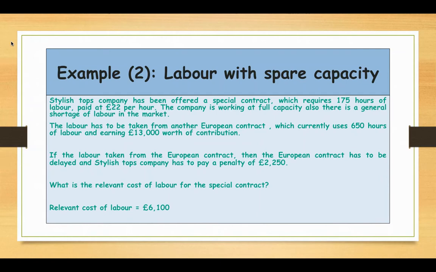So with the labor cost plus the penalty, the relevant cost of labor is going to be £6,100. So we'll see, labor is in short supply, so there is an opportunity cost. In this case, the only opportunity cost is the penalty because the contribution from the European contract will still be earned but will be delayed.